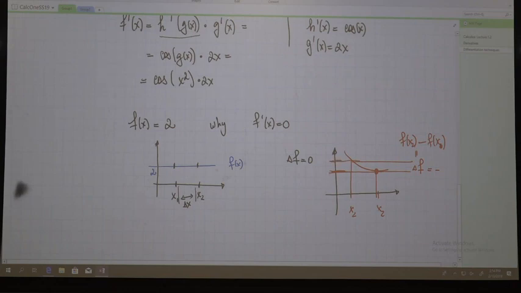So if you subtract them, you will get some negative value. Okay? So if you have a function which is constant, and I ask you how the value is changed when you change x, it didn't change. The instant rate of change is equal to 0.